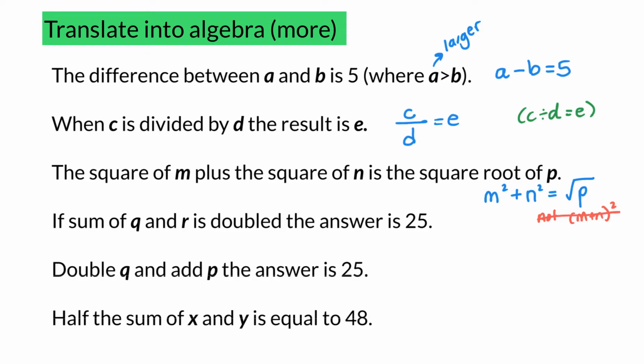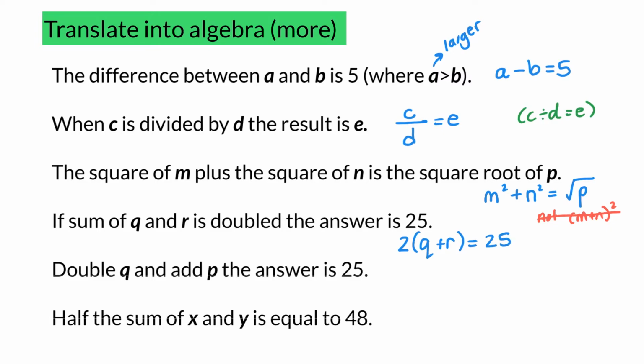I'm squaring m and squaring n and adding them together. The next sentence says, if the sum of q and r is doubled, the answer is 25. So I'm going to add q and r together, and I'm going to double that. So I'm going to multiply it by 2. Now a nice way to show that is actually to put the 2 in front, and I get 25.